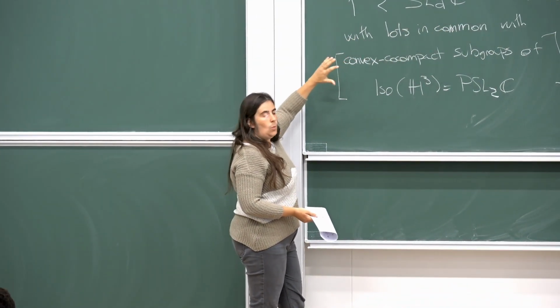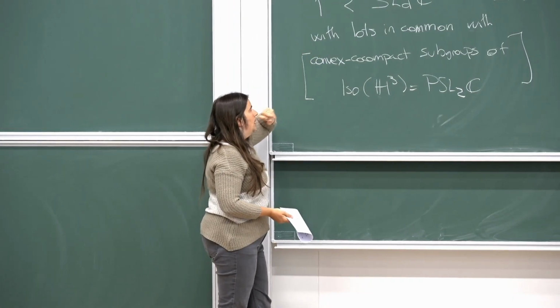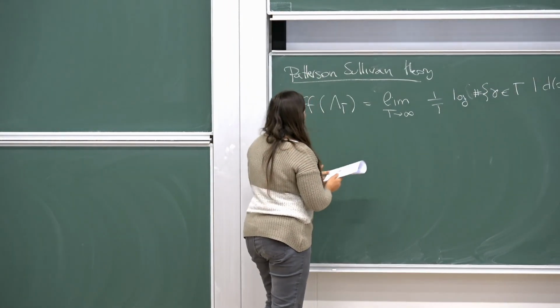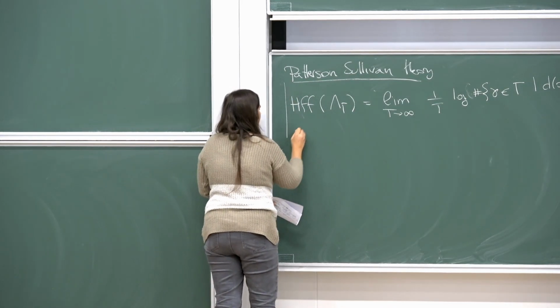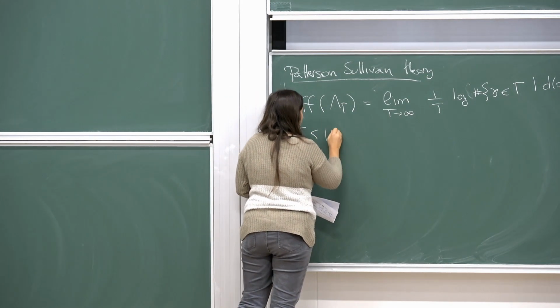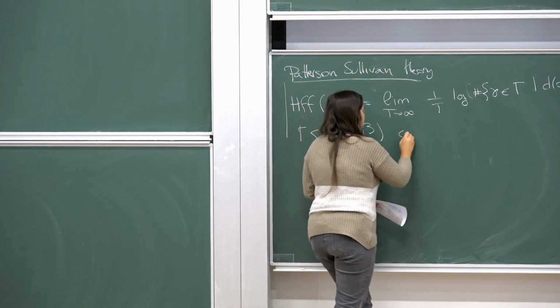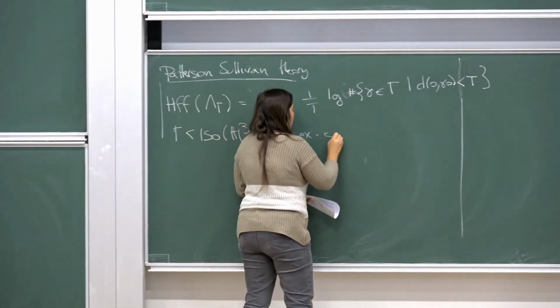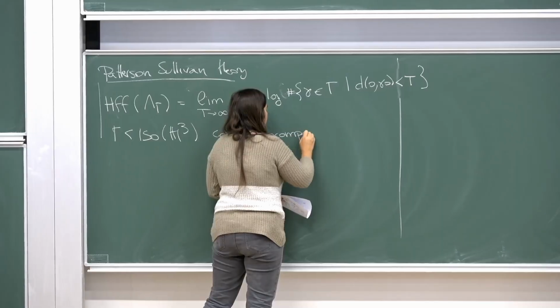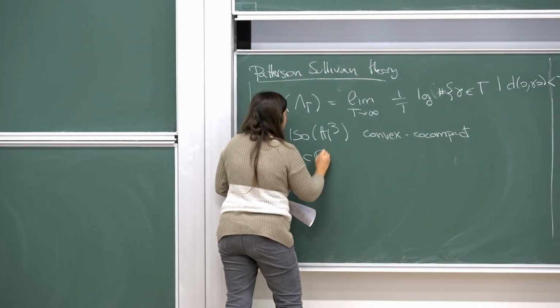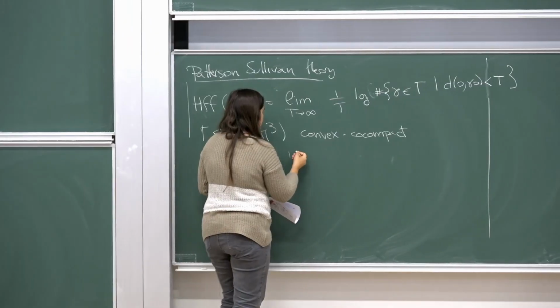So we want to look at subgroups in SL(d,C). For the purpose of my talk, Gamma in isometries of H3 is convex compact, and Lambda Gamma in CP1 is its limit set.